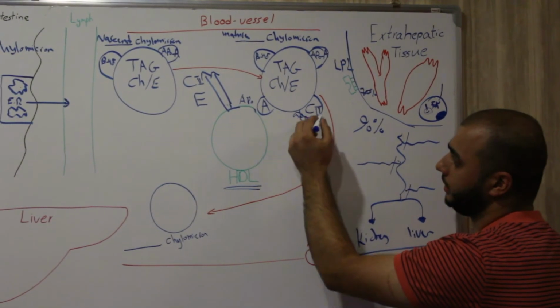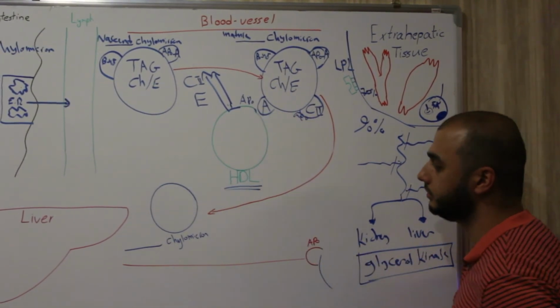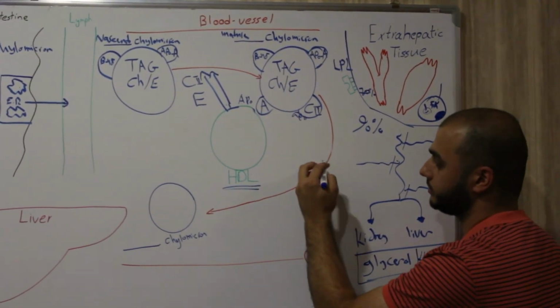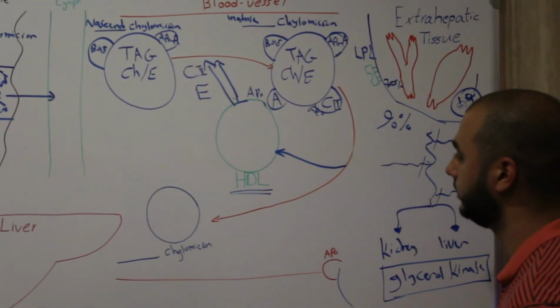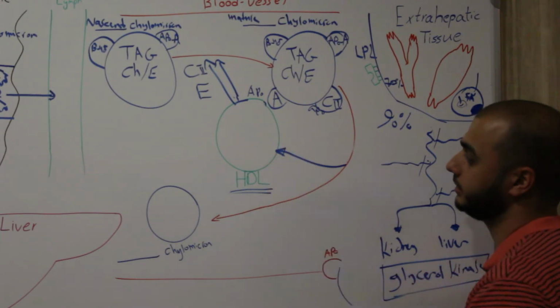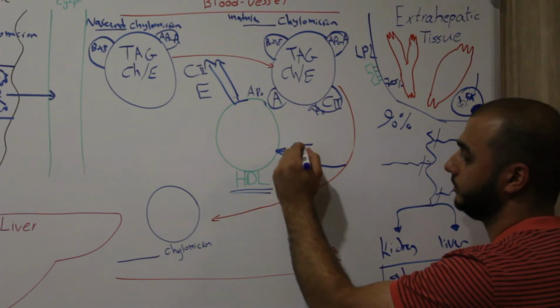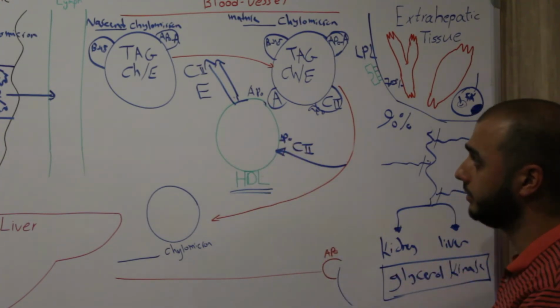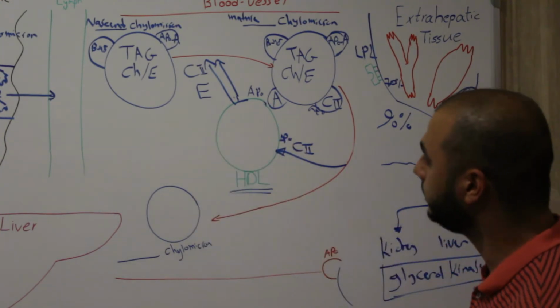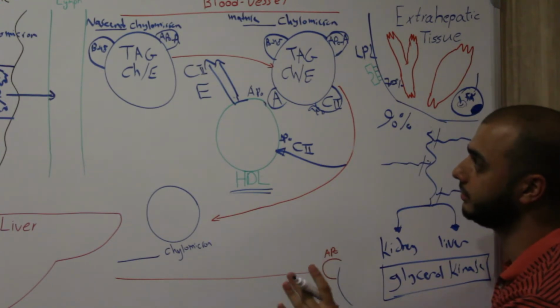Then we come back after hydrolysis of triacylglycerol. Do we still need apoprotein C2 and apoprotein A? No. So it's like the chylomicron will now say, okay, thank you HDL, you helped me, and I will give you back apoprotein C2. And please keep for me apoprotein E, because I still need it and did not use it.